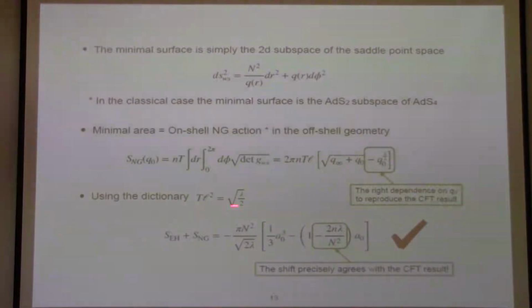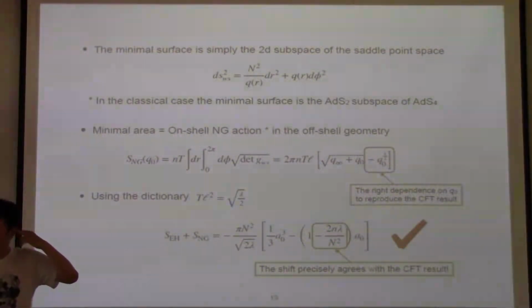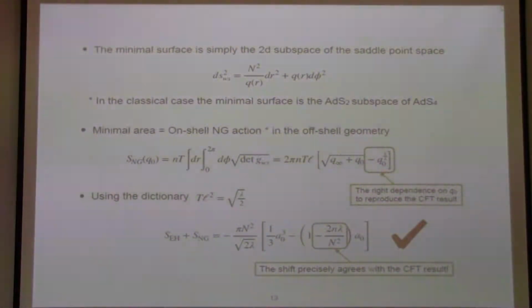So as we translate all this result into the gauge theory language, then it precisely reproduces this shift that people found in the ABJM theory. So this is somehow working, but again, I don't know exactly why this is working. So it's important to know why this is actually working.